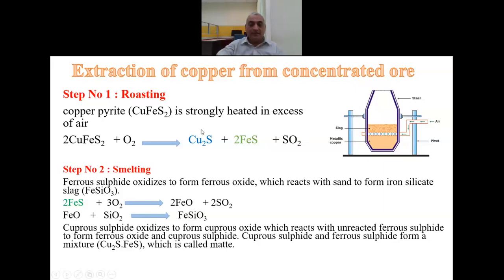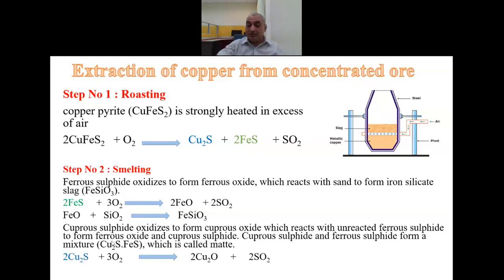Now, our main concern is about this thing, cuprous sulfide. From this cuprous sulfide, we want to get pure copper. Cuprous sulfide oxidizes to form cuprous oxide, which reacts with the unreacted ferrous sulfide to form ferrous oxide.